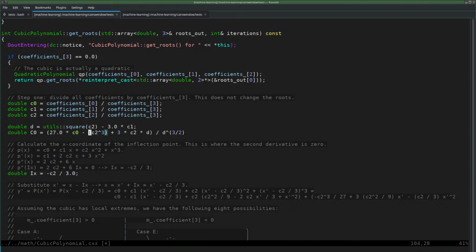I could do the square separately, do I need it? No. Yeah, actually, it looks suspiciously like C2 times all of that, which means that this one removes and this one gets 2.